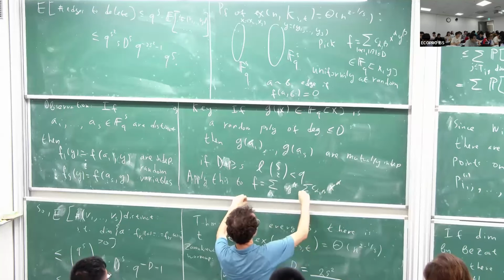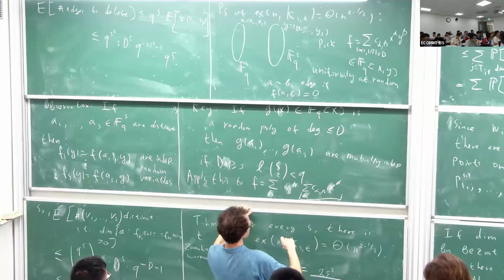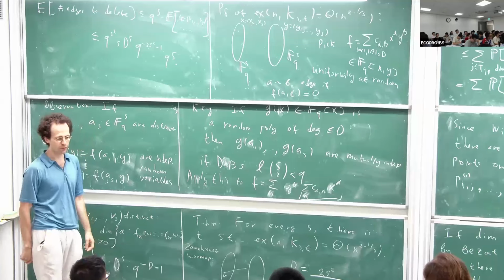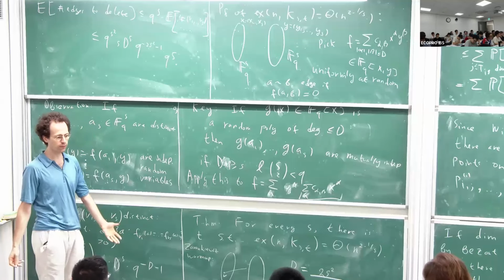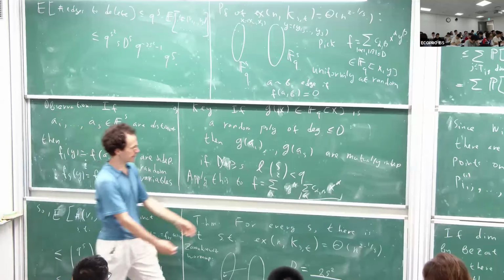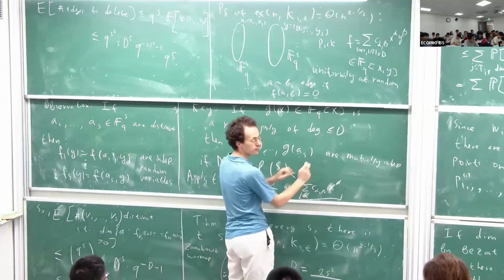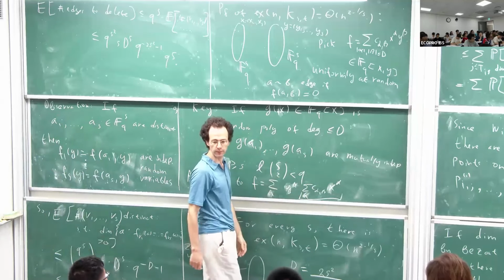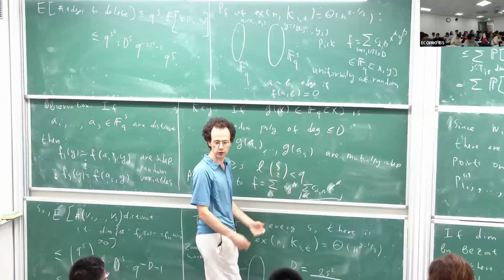So I'm applying this observation inside here. It's just a random polynomial in x, uniformly chosen of degree at most d. So the coefficient of y to the beta is uniformly random, and this is all independent for different choices of a1.